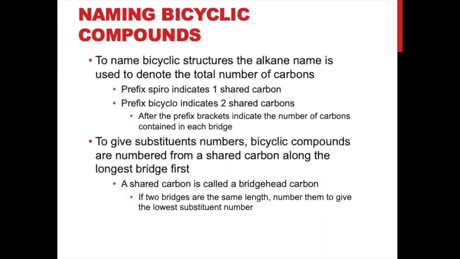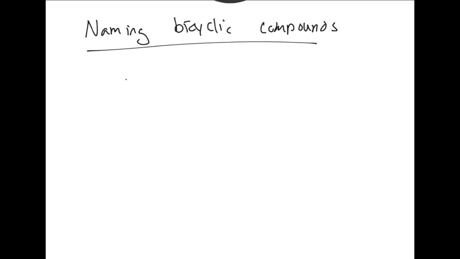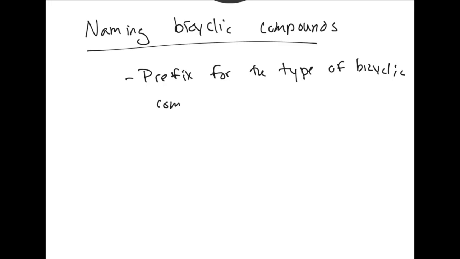First you need to add the prefix for the type of bicyclic compound. There are three types of bicyclic compounds, but there are only two prefixes.